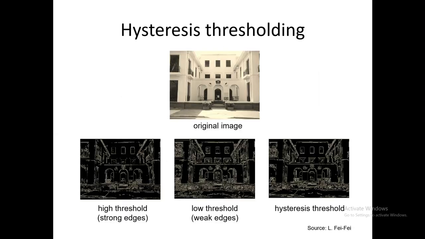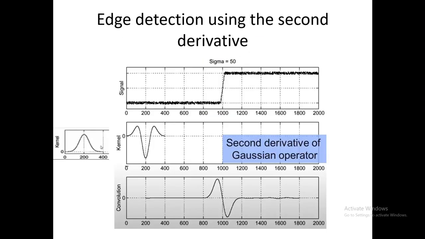Now let's talk again about edge detection using the second derivative. We have discussed earlier the one-dimensional case of the second derivative of Gaussian.